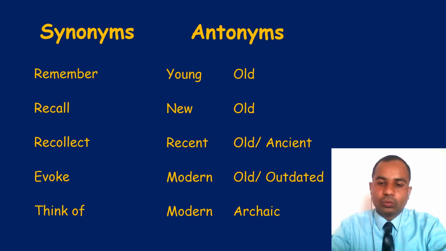Even we have words that are modern and included nowadays in the Oxford and Cambridge dictionaries, but some of them are archaic. For example, thyself, that is yourself. Thy, your, like that. Thee, that is you.